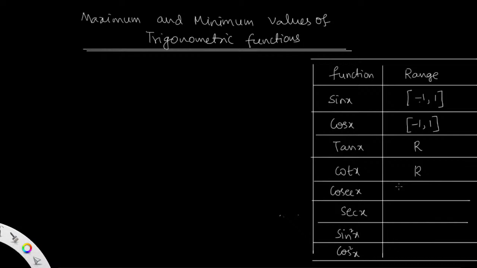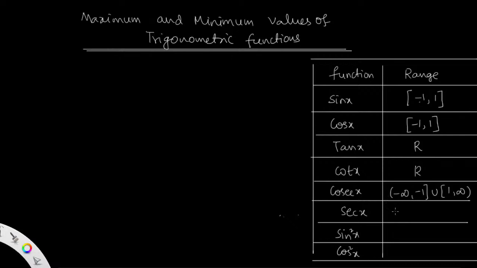Cosecant x does not lie in the interval -1 to 1, so we write it as -infinity to -1 union 1 to infinity. It does not lie in the interval -1, 1, meaning the lesser part is up to -1 and the greater part is 1 to infinity.